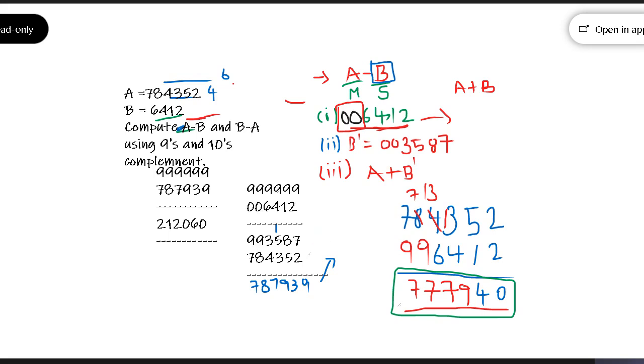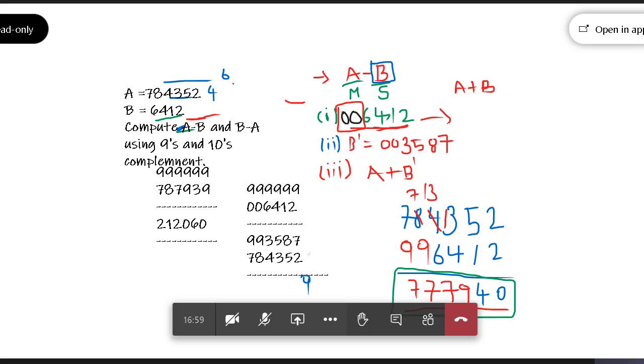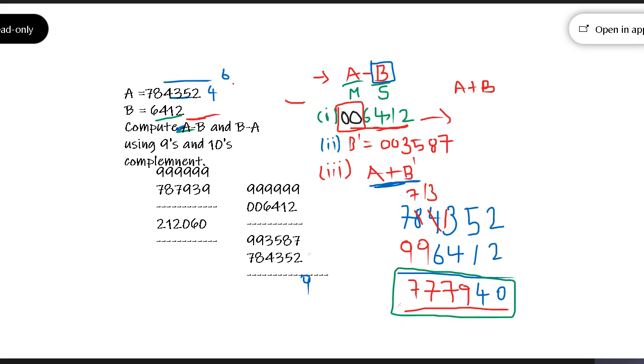Now I'll erase this, and I'm going to add these two. So 7 plus 2 is 9. Basically I'm doing this step now: A plus B bar, where this is A and this is B complement.